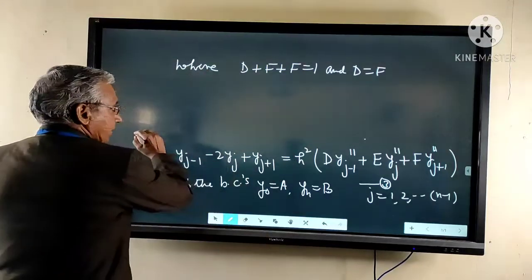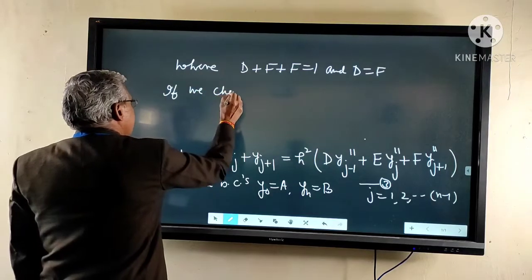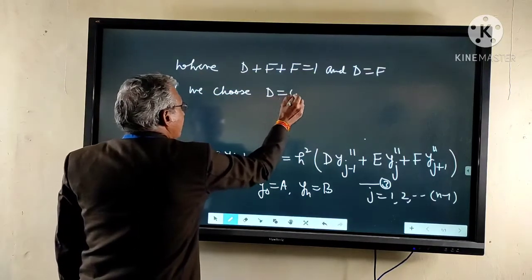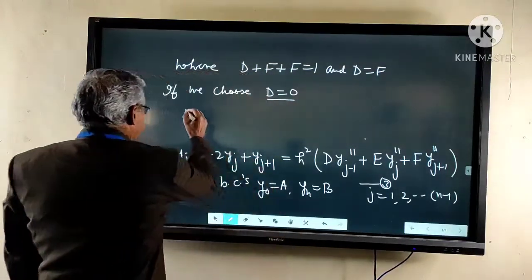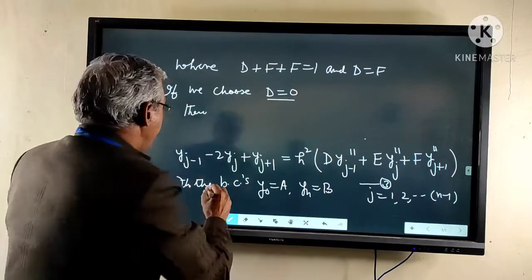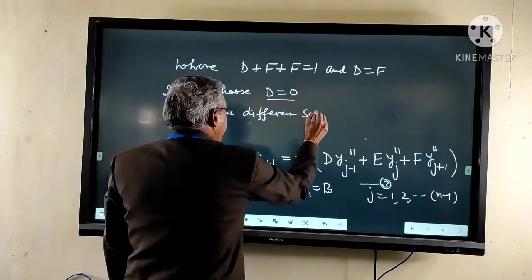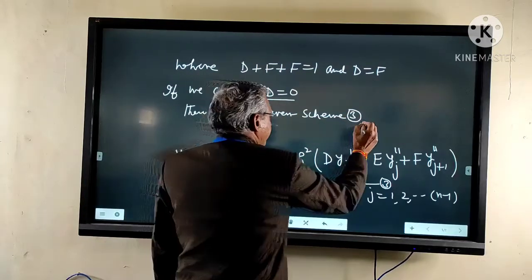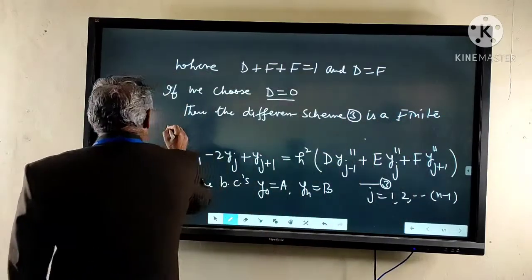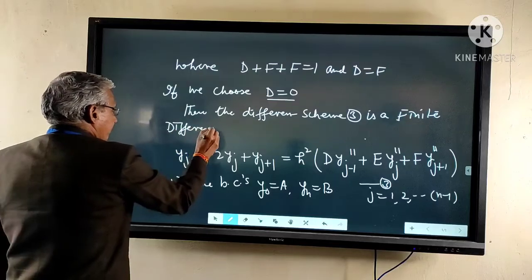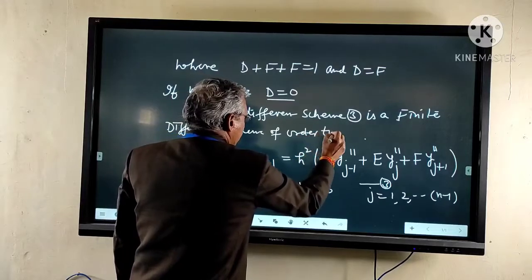If we choose d equal to 0, then the difference scheme is a finite difference scheme of order 2.